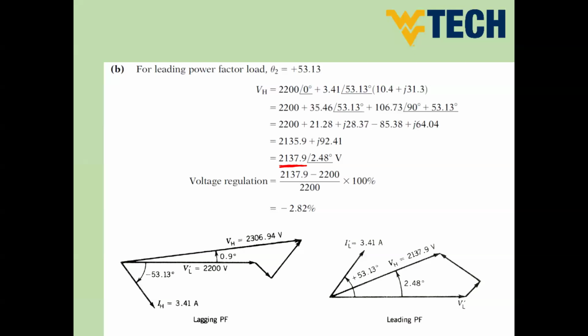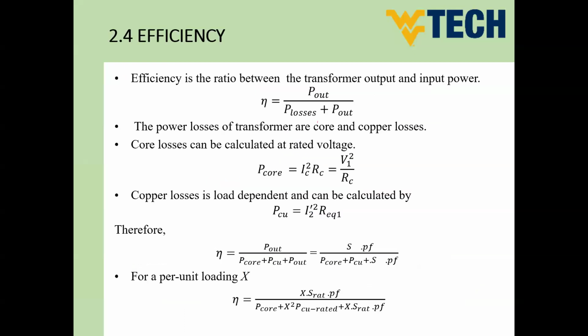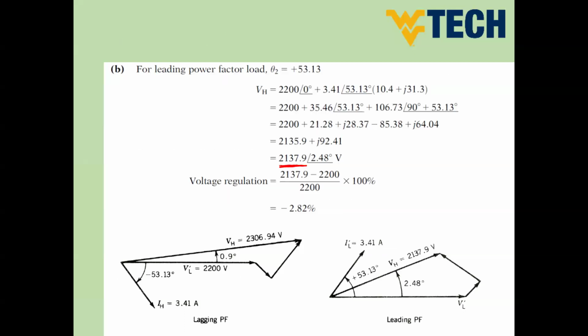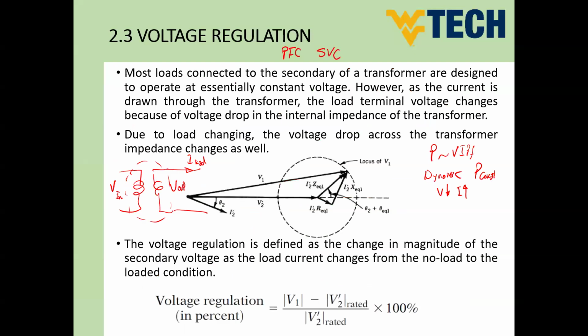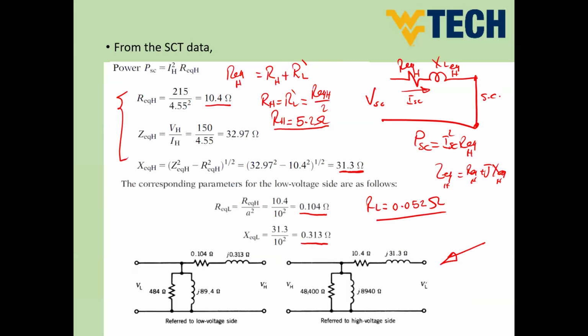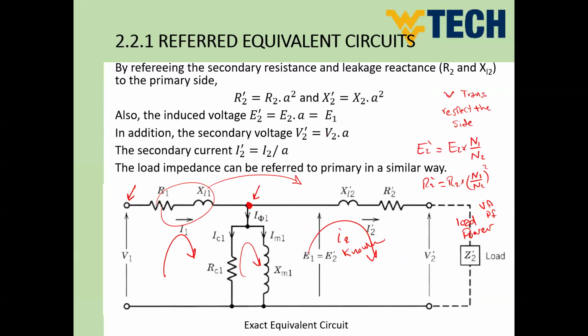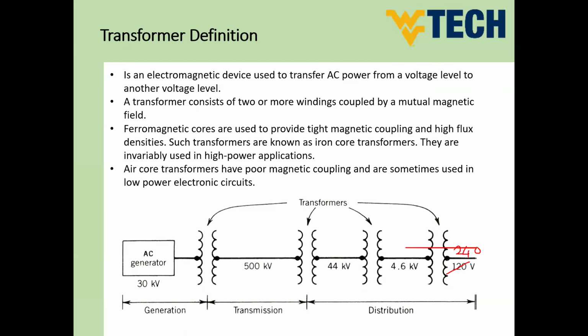Here, guys, I need to discuss one important thing with you, which is very important for power system. Let's go to the first slide. We discussed the transformer here. Assume that this is the source before the transformer, and here you have your load.